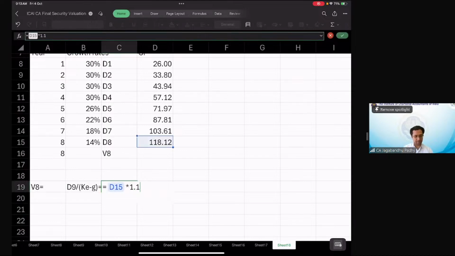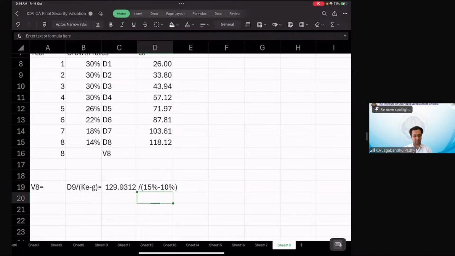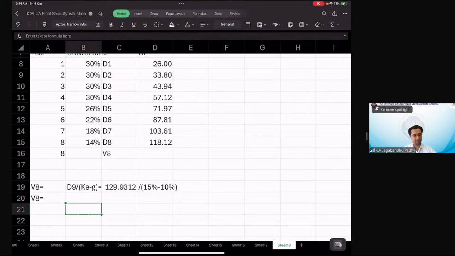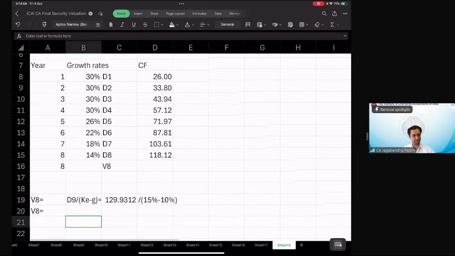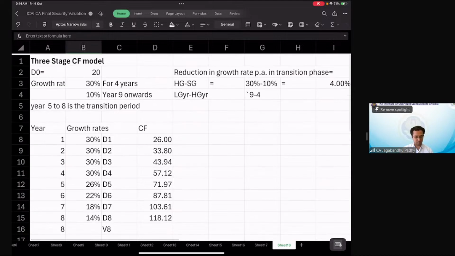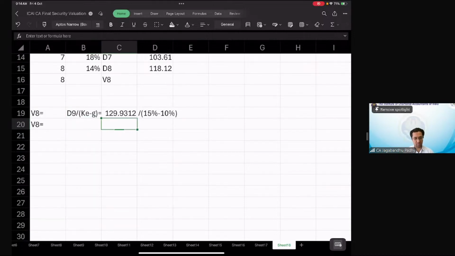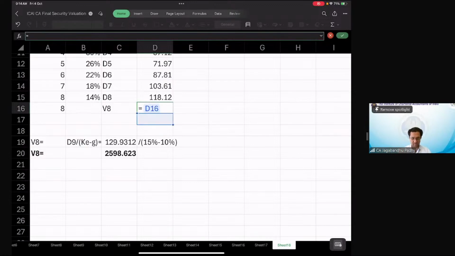Cost of equity is 15% minus the growth rate, essentially 10%. So we can get the value of the company in year 8 by taking the dividend of 9th year. So this will be 2598.